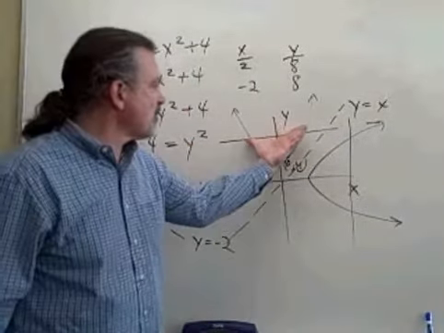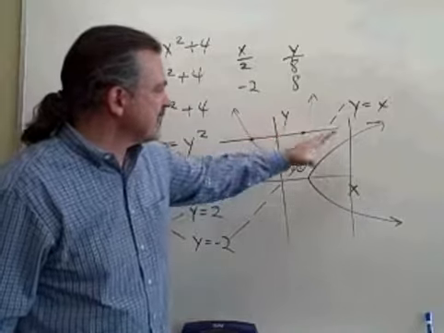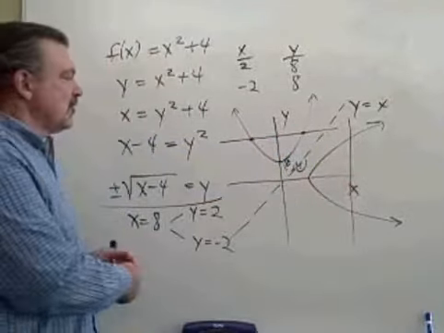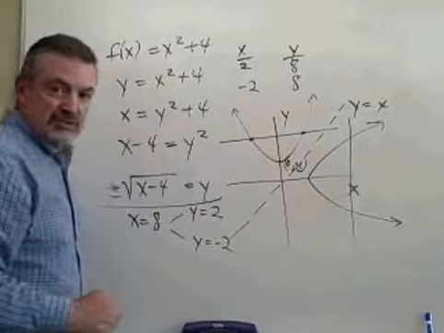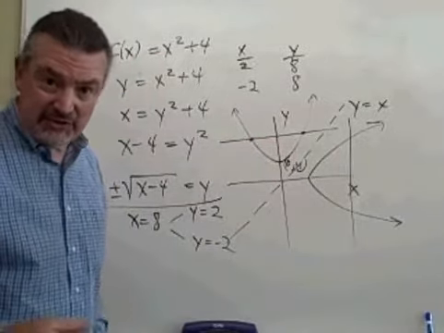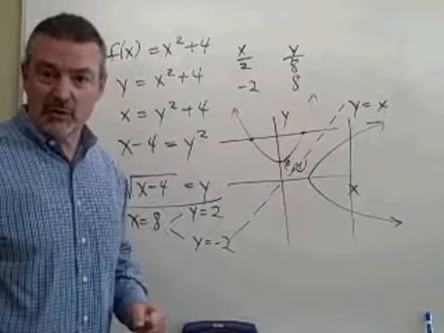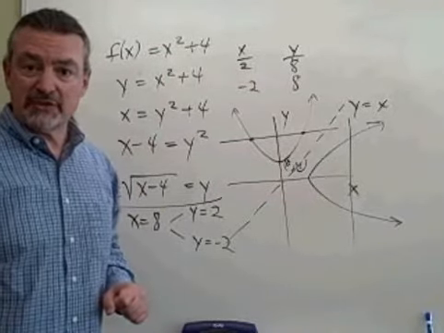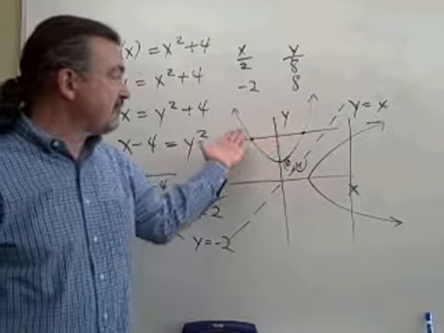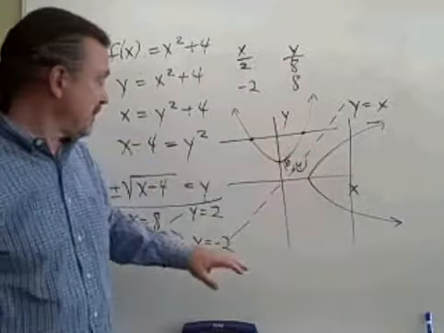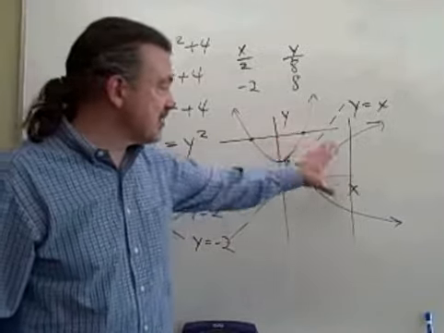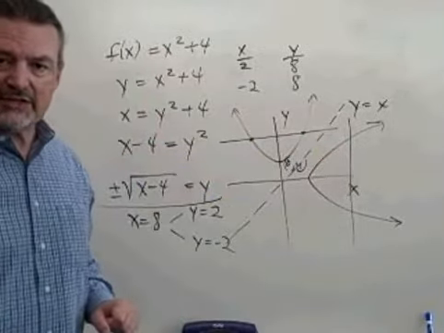If it fails the horizontal line test, its inverse would fail the vertical line test. So one-to-one functions, which have an inverse that's a function, will pass the horizontal line test. Functions like f of x equals x squared plus 4, whose graph fails the horizontal line test, the inverse of that function is not a function because its graph would fail the vertical line test.